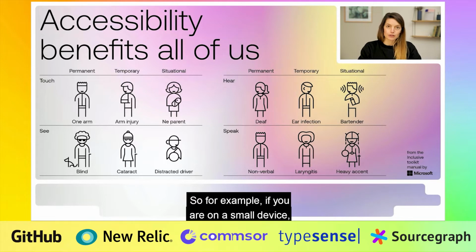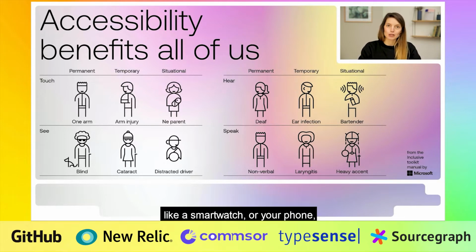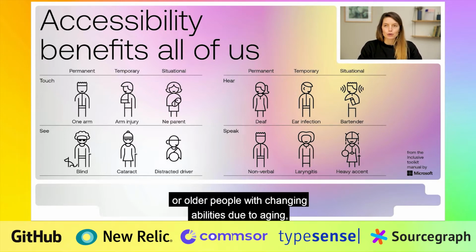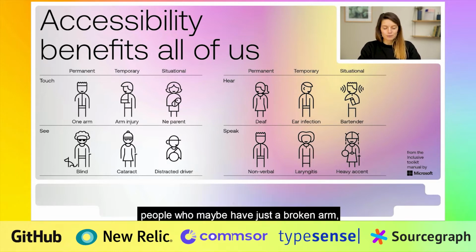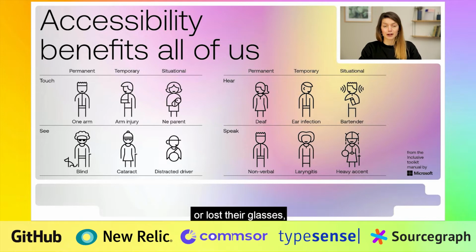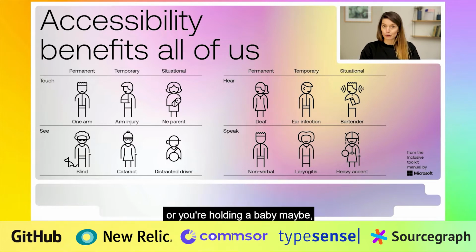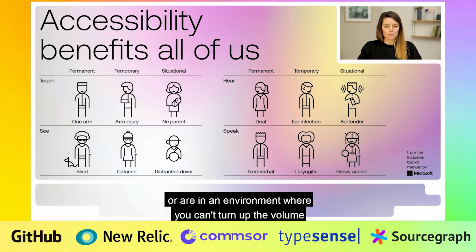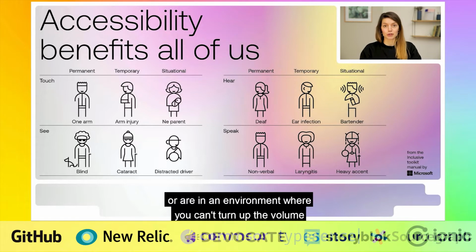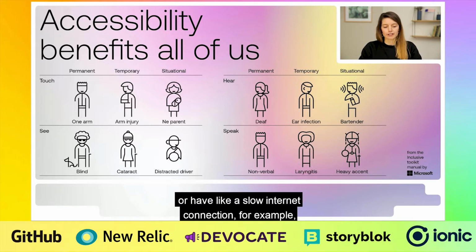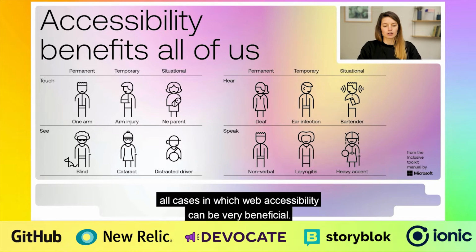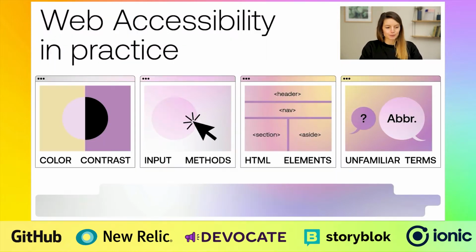So for example, if you're on a small device like a smartwatch or your phone, or older people with changing abilities due to aging, people who maybe have just a broken arm or lost their glasses, or if you're in bright sunlight and can't really see what's on your screen, or you're holding a baby maybe, or are in an environment where you can't turn up the volume, or have a slow internet connection, for example. All cases in which web accessibility can be very beneficial.